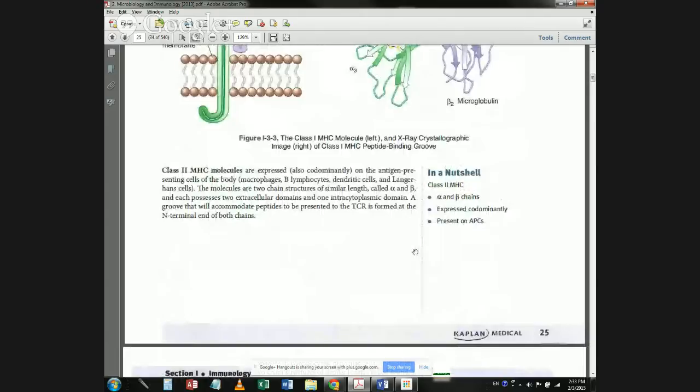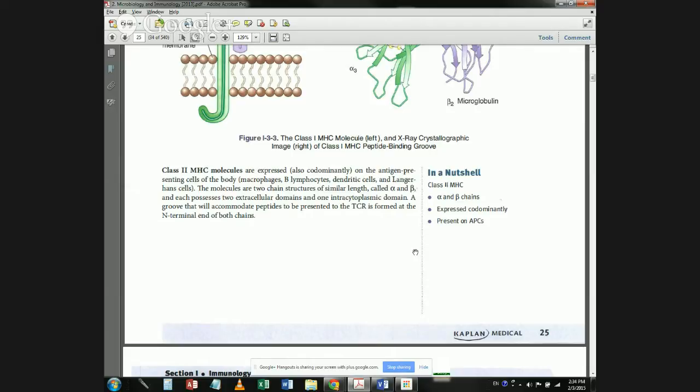Anyway, next, let's talk about class 2 major histocompatibility molecules that are also expressed codominantly, which means that both mama and papa chromosomes are transcribed and translated into proteins. And on the antigen presenting cells of the body, which are basically macrophages, B lymphocytes, dendritic cells, and hey, here's a new one, Langerhans cells.